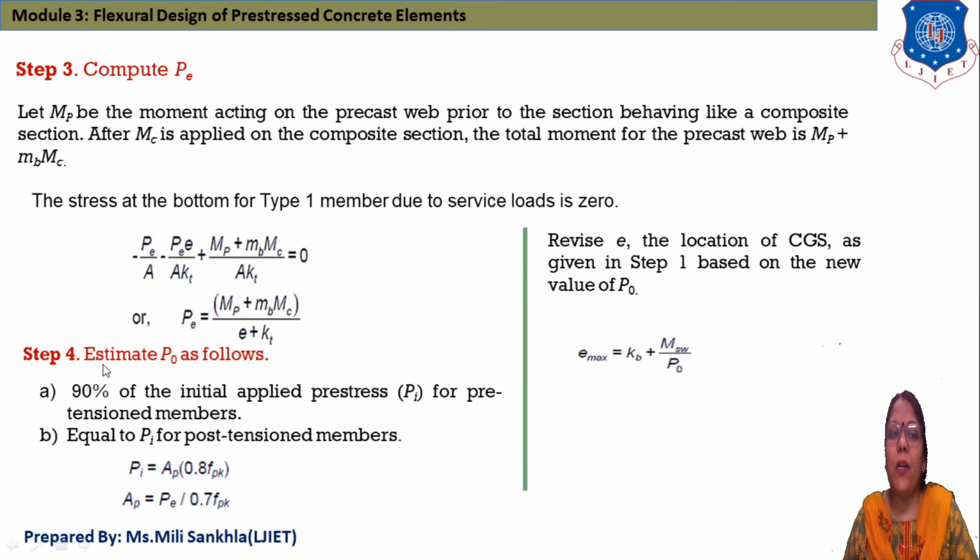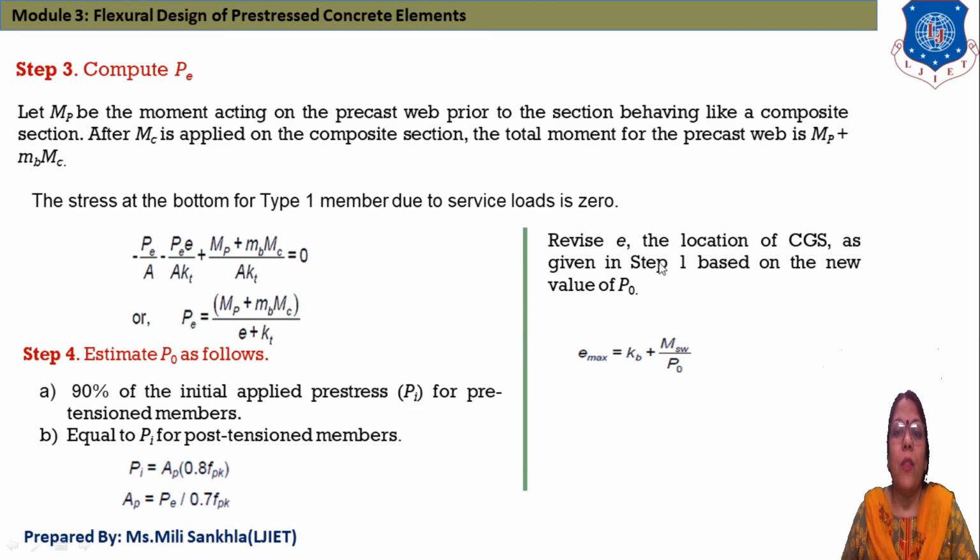Now we discuss step number 4, estimate of PO. First, 90% of the initial applied prestress PI for a pre-tension member, and second, equal to PI for a post-tension member. Here there are two cases. First is for the pre-tension member, PI is equal to AP into 0.8 FPK, and AP we take as PE divided by 0.7 FPK.